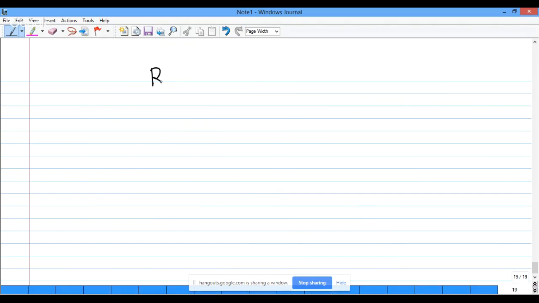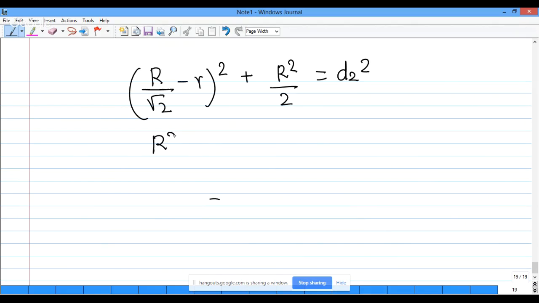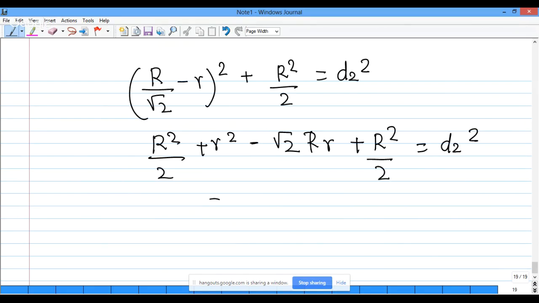So the first equation that I have is (R by root 2 minus r) whole squared plus R squared by 2 is d2 squared, and I can expand this as R squared by 2 plus r squared minus root 2 R times r plus R squared by 2 is d2 squared, and this is R squared minus root 2 R r plus r squared is d2 squared.